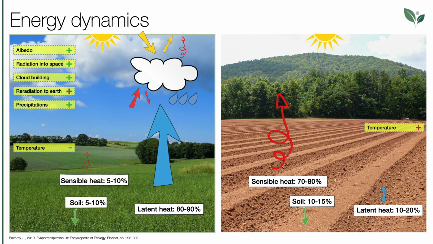So, a clear negative effect. The significantly reduced evaporation leads to less cloud formation, because if no water evaporates, no clouds and thus no precipitation can form. And there is a certain tendency to high pressure layers.